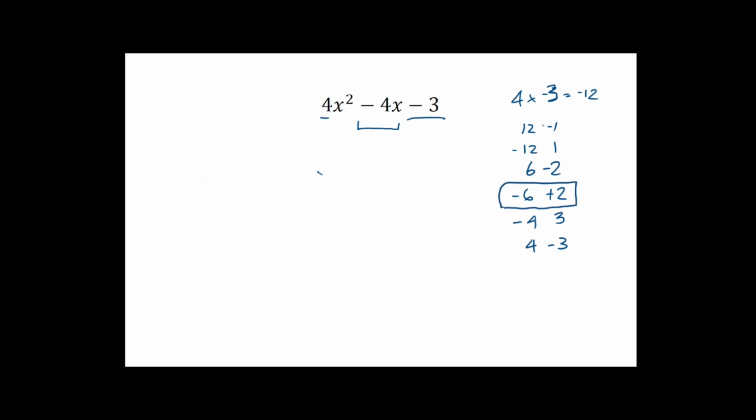Let's go through them. 12 minus 1 is 11. It's not that. Minus 12 plus 1 is minus 11. It's not that. 6 minus 2 is minus 4. Close, but not good enough. Minus 4 plus 3 is minus 1. It's not that. 4 minus 3 is positive 1. It's not that. So our answer must be that.